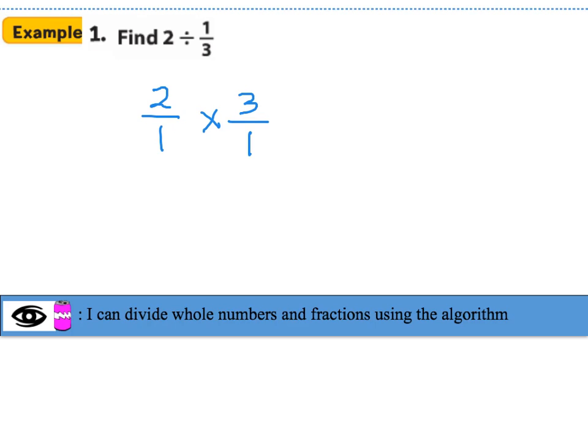Then we're going to think to ourselves, can I cross cancel? I can't. So I'm going to just multiply across. And when I multiply 2 times 3, I will get 6. 1 times 1 in the denominator will give me 1. And that becomes 6 whole.